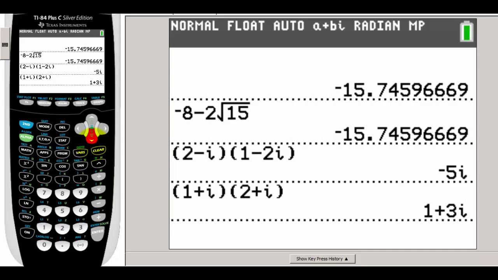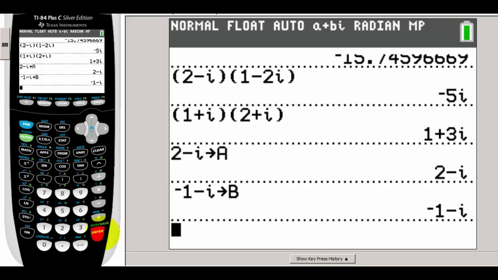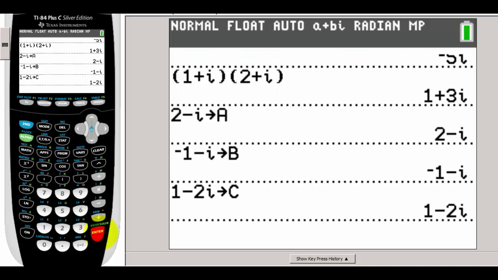Okay, so now let's store 2 minus i into A. Let's store negative 1 minus i into B. And finally, let's store 1 minus 2i into C.